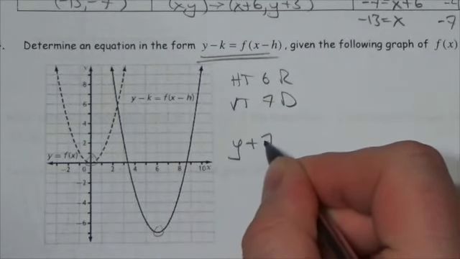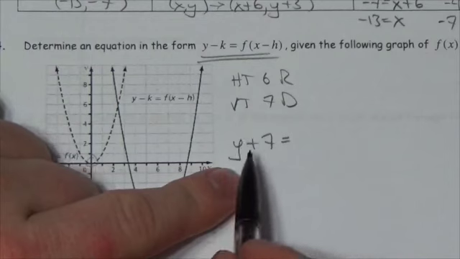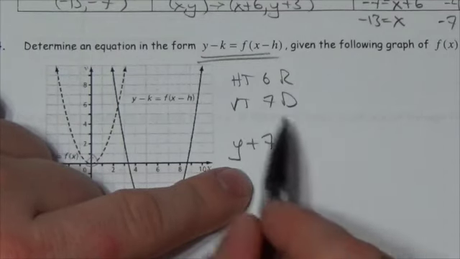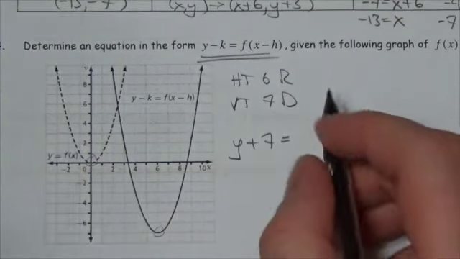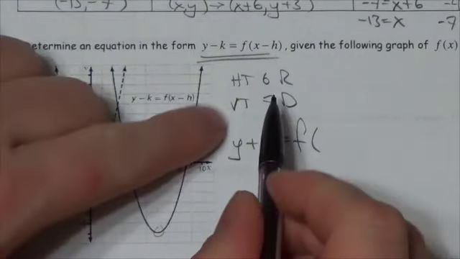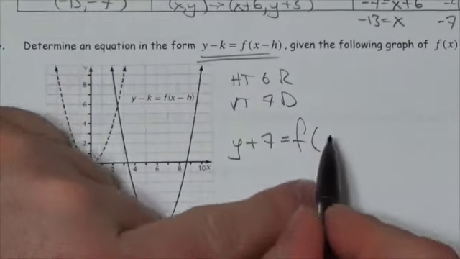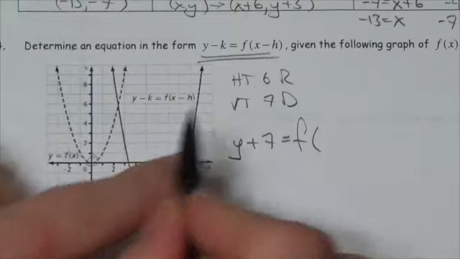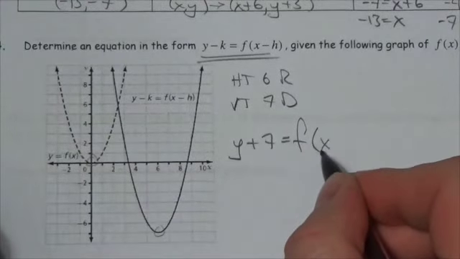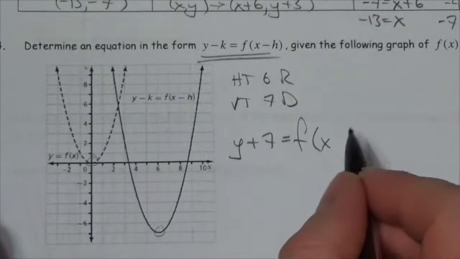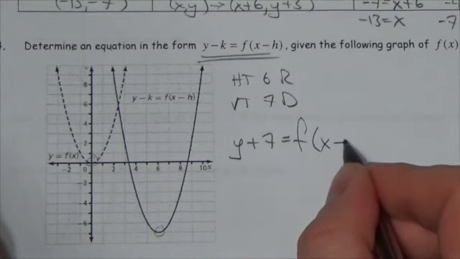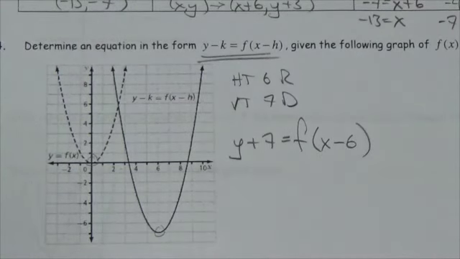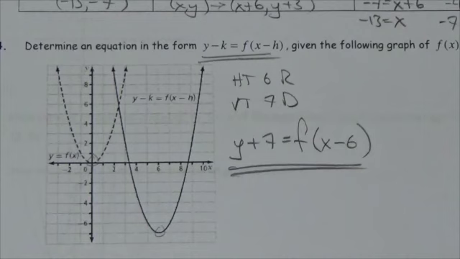So this is y plus 7 equals. To get that y by itself, I would subtract 7. That's what this is saying. Good. F of, 6 to the right, means that if I'm isolating the x, I have to add 6. So if I'm adding 6 to get the x by itself, then this must have x minus 6 in it. And that's the equation that I'm looking for.